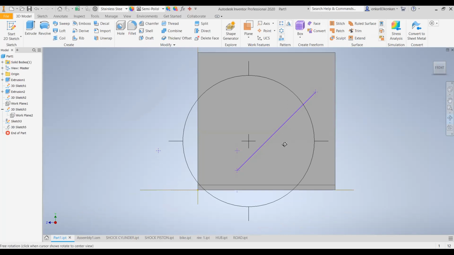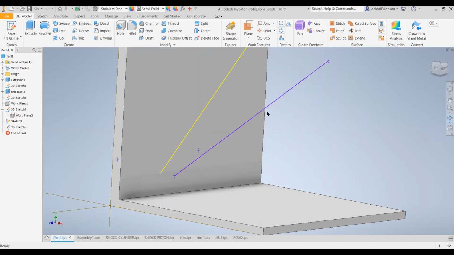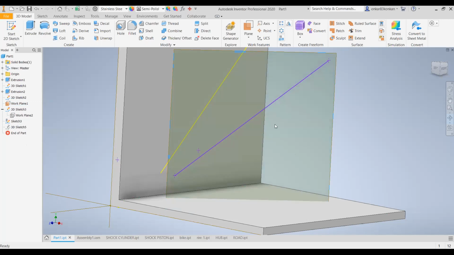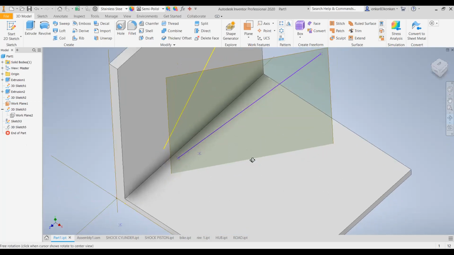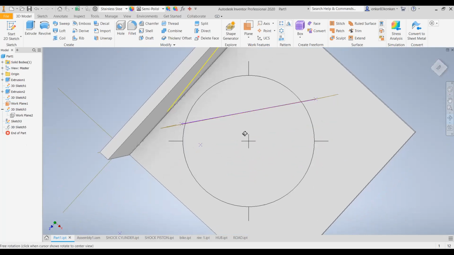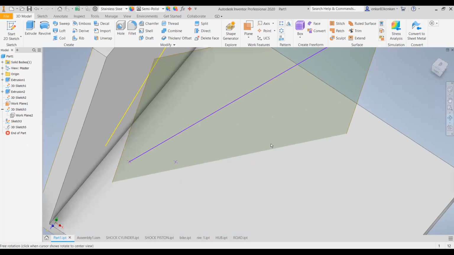For that, we need to assume one plane which passes exactly through this line and is perpendicular to the HP. You can see the plane here. In the top view, this plane passes exactly through this line, and at the same time it is perpendicular to HP.